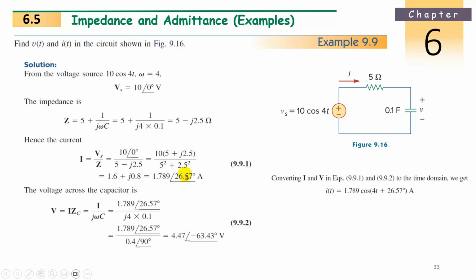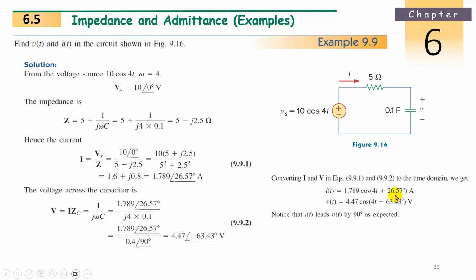Now voltage V of t is 4.47 cos 4t minus 63.43. Now from this you can observe current has a positive angle and voltage has a negative. So current is leading the voltage. So current I leads the voltage by 90 degrees as expected.